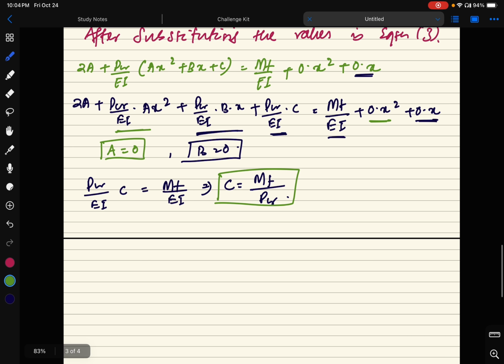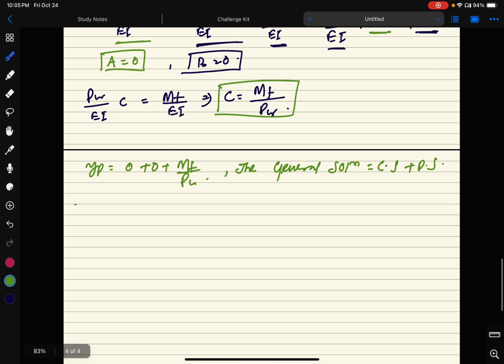So the particular solution yp, a is 0, b is 0, we get mf by PCR. Now the general solution is equal to the sum of the complementary solution plus the particular solution, so it becomes v is equal to c1 cos rx plus c2 sin rx plus mf by PCR.